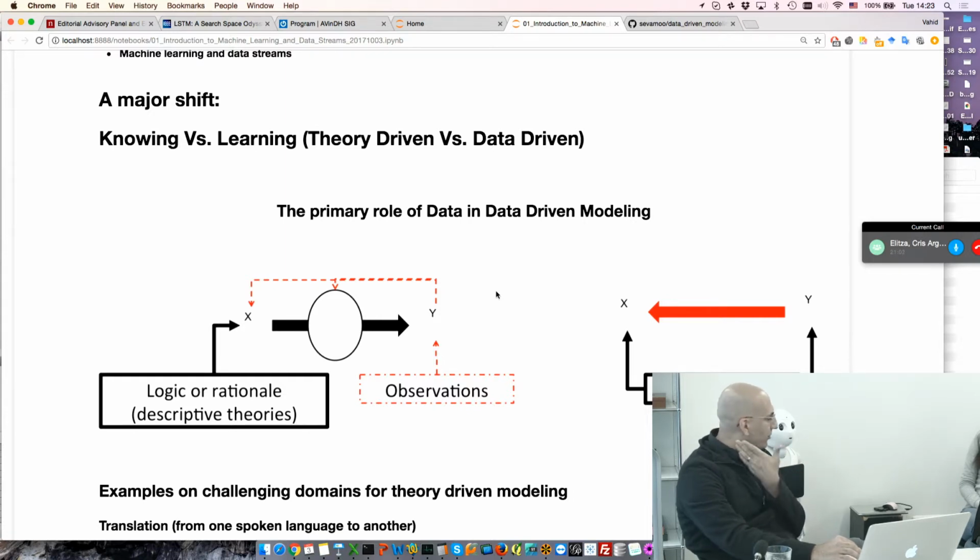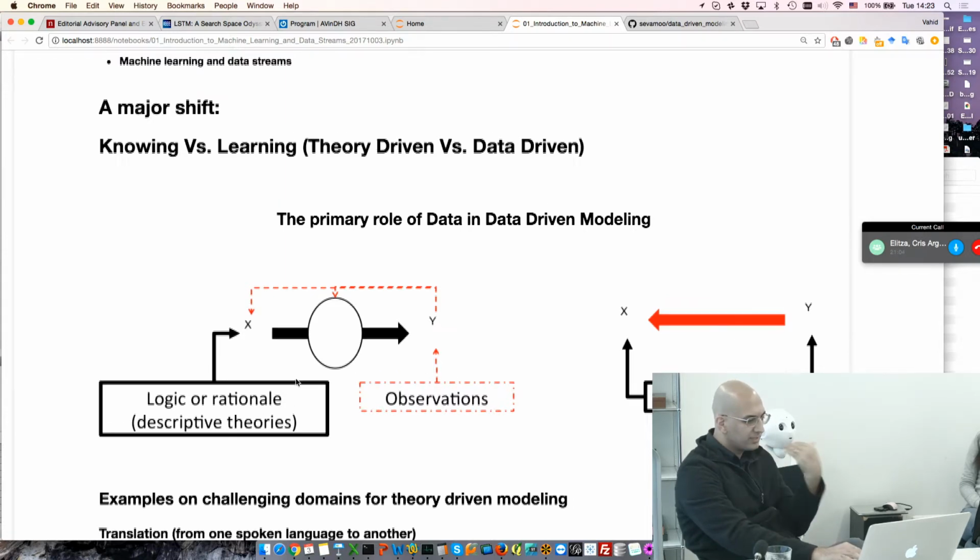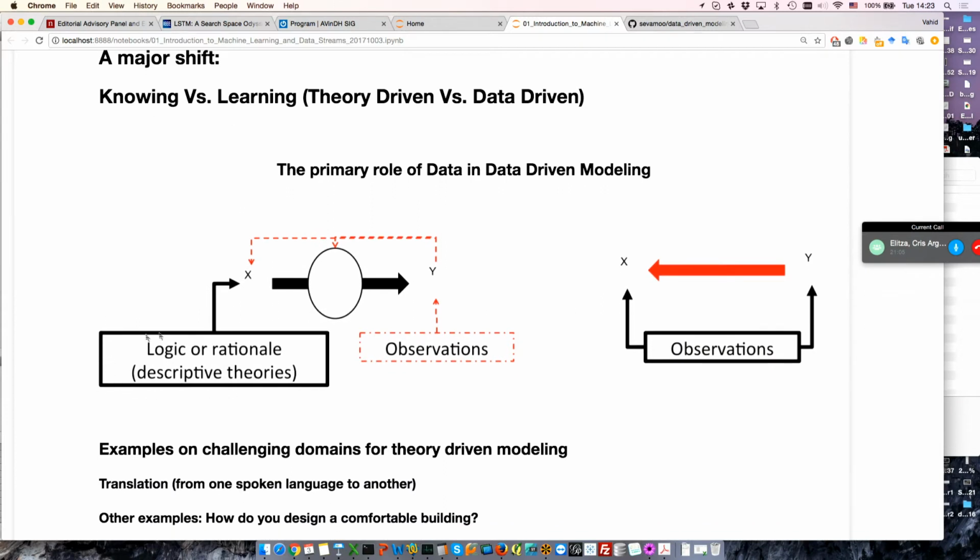and I think this shift is from theory-driven models to data-driven models. In all of the previous examples I told you, you always have a logic or a rationale about the system. This could be flow of water, flow of cars, land use, any application that you name. You start with this, and then you compute it, or you have analytical models, and then you have certain observations, and with these observations you try to validate your logic.